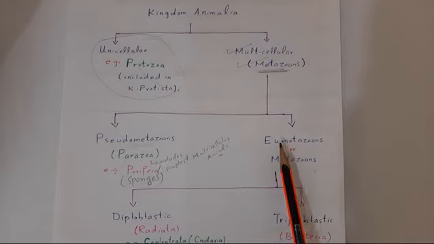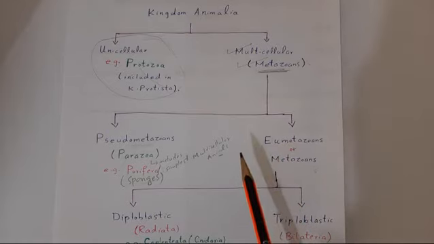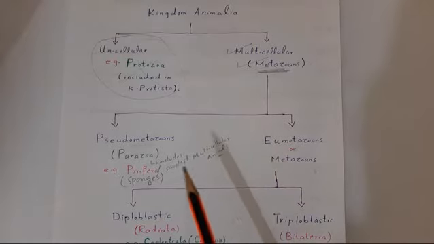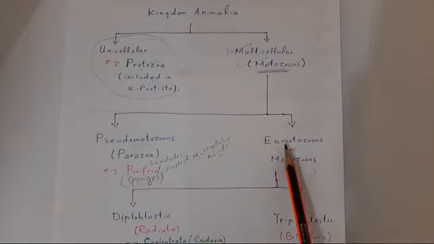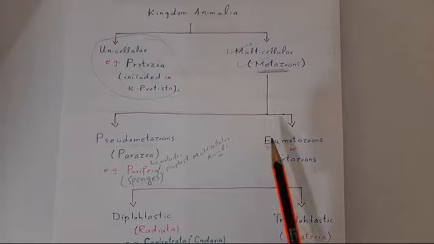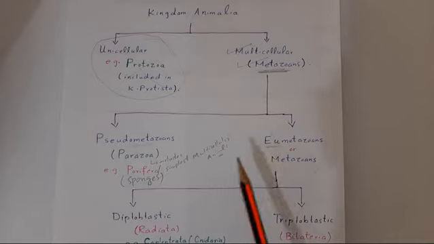While the eumetazoans, as the name indicates, eu means true, as you have studied eukaryotes. Eukaryotes: eu means true and karyon means nucleus, organisms which have a true nucleus. So eumetazoan, metazoan means multicellular animals, and eumetazoan means true multicellular animals, meaning they are made up of many cells and their cells are differentiated into tissues, organs and systems.